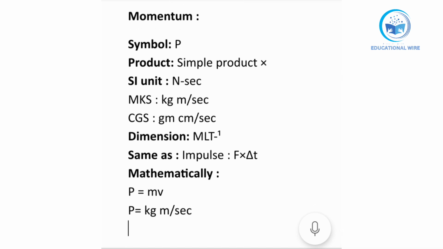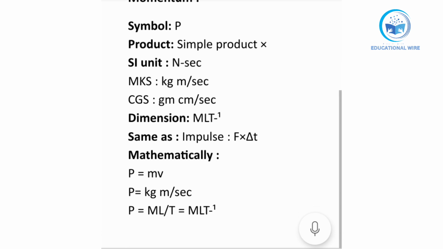Okay, so this is its SI unit. Talking about its dimension, P is equal to kilogram meter upon T, which is again M L T power minus 1. So mathematically we have proved how to write this formula, its SI unit and its dimension.